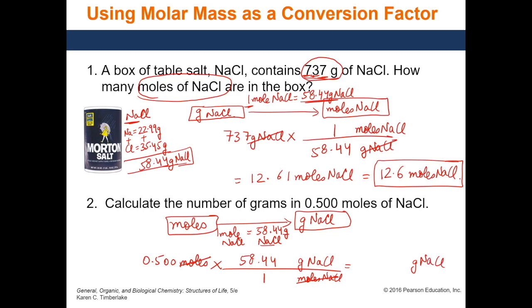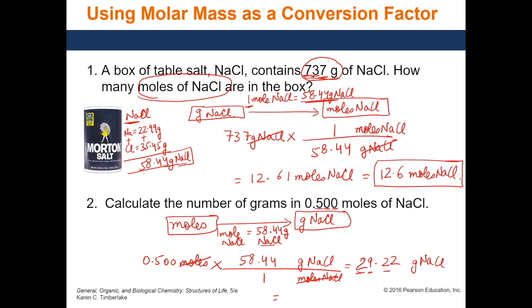So if you now just plug these numbers into the calculator, 58.44 times 0.5 will give you 29.22 grams of NaCl. How many sig figs are we looking for? The question has 1, 2, 3 sig figs. So we want our final answer to have 3 sig figs.